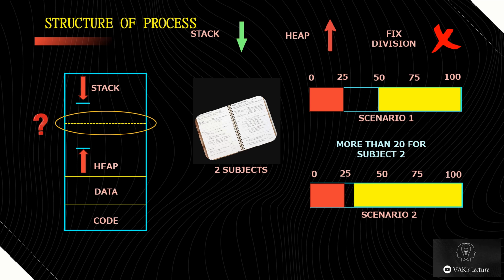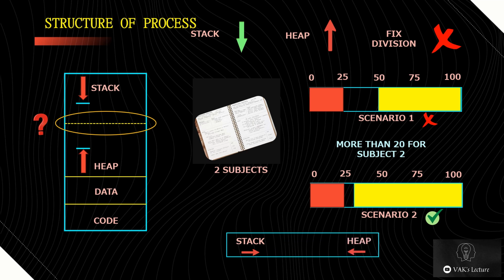This time we can cover all 70 pages. So when we don't know about the data, it is good to use this option. The same is done in the process structure. Stack propagates in the downward direction and heap propagates in the upward direction with no fixed partition.